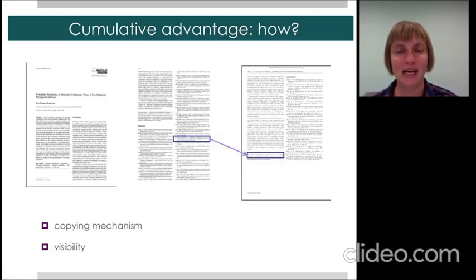And because the paper it's citing has higher degree by virtue of the fact that it's being cited, you're then more likely to cite it as well. So it's a cumulative process. It may also just be that more highly cited papers are just more visible when you search in different databases. It may show you the more highly cited papers first, which again would give such papers an advantage.